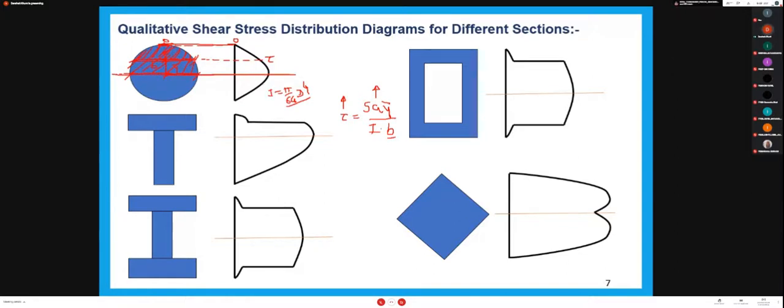But the increase in B is comparatively lesser than the rate of increase of area. So shear stress increases at a higher rate relative to the area. So shear stress at the neutral axis is maximum. That is why we get the variation in shear stress intensity like this.